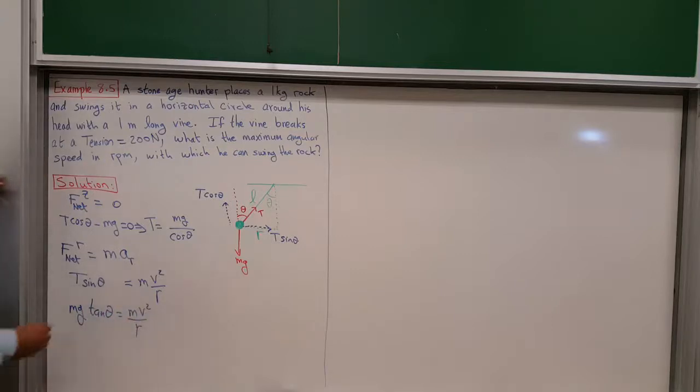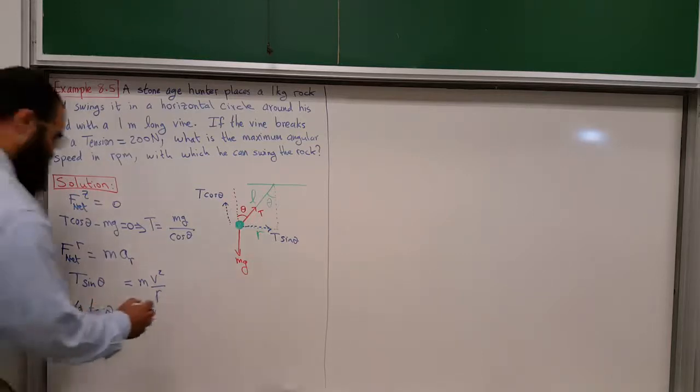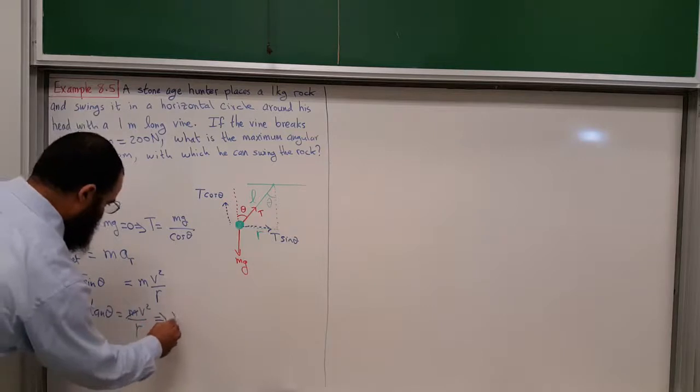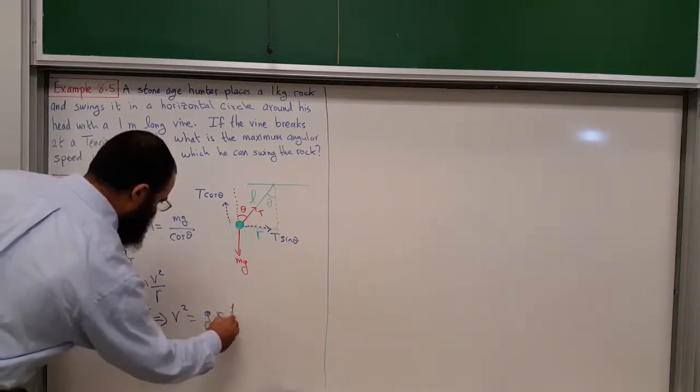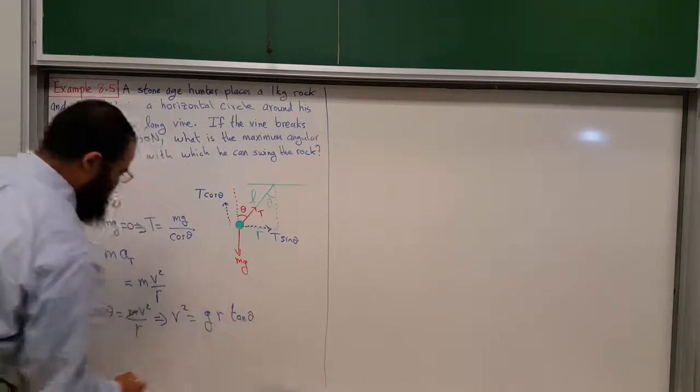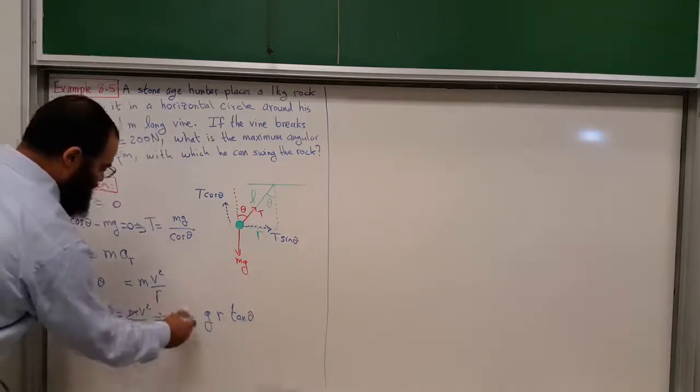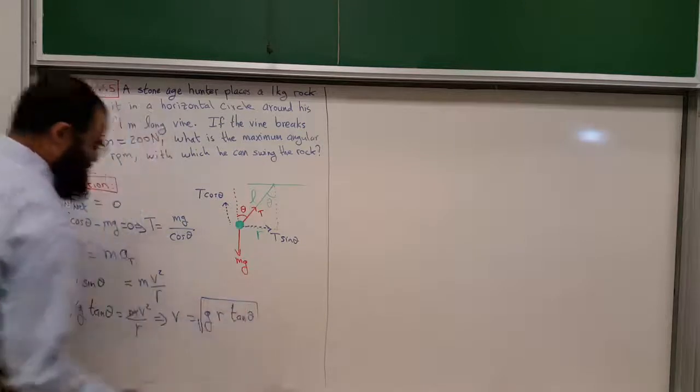The mass cancels, and so I get the following. I get v squared equals g times r times the tangent of theta. And so I will take the square root of both sides. I will get v equals the square root of g r times the tangent of theta.